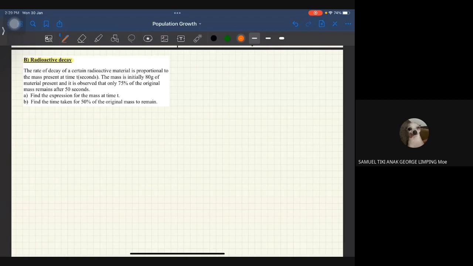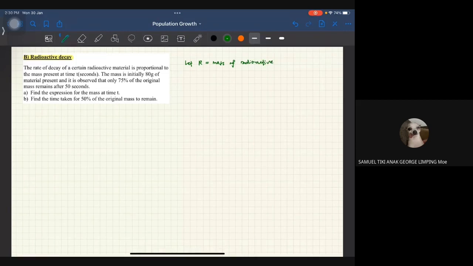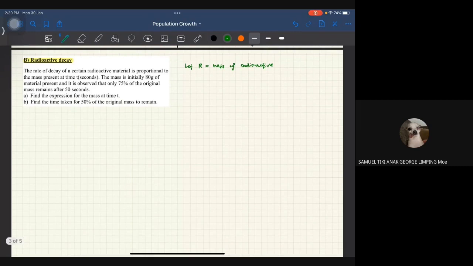Okay, so saya bagi nama dulu, I let M equals to mass of radioactive. Kalau nak buat M pun boleh juga sebab stand for mass kan. Okay, saya buat M lah. So M equals to mass of radioactive kita.